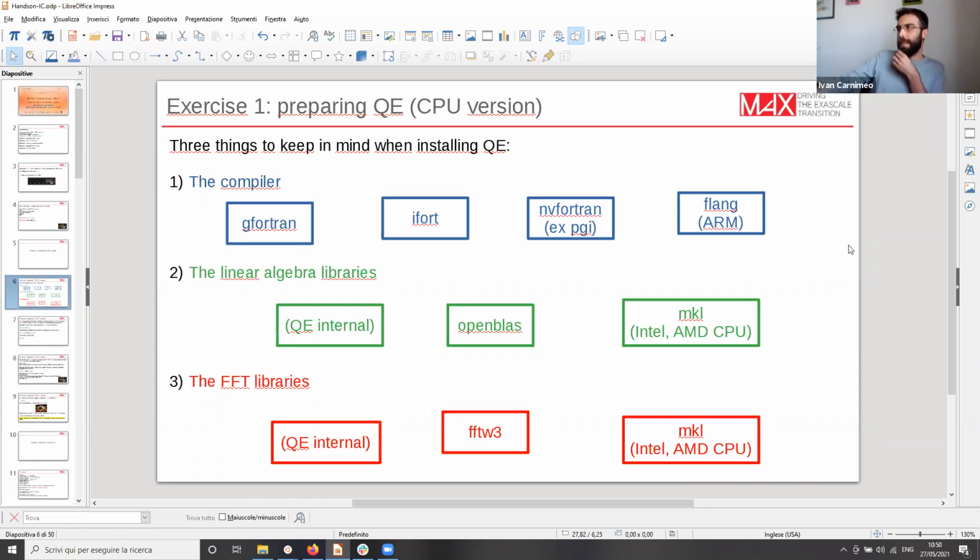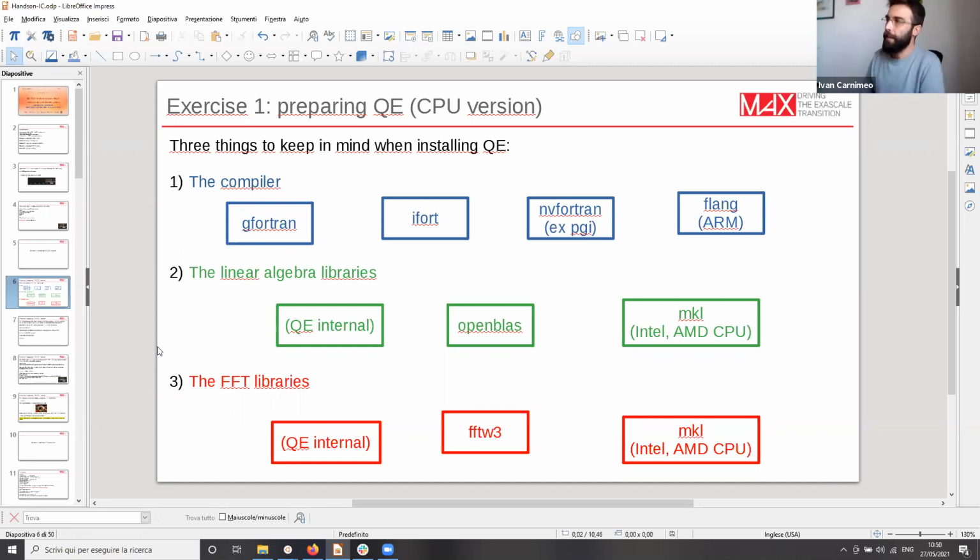For this exercise, we will be using MV Fortran. The other two important things to keep in mind are how to perform calculations. The most relevant part from the mathematical operations is linear algebra and fast Fourier transforms.